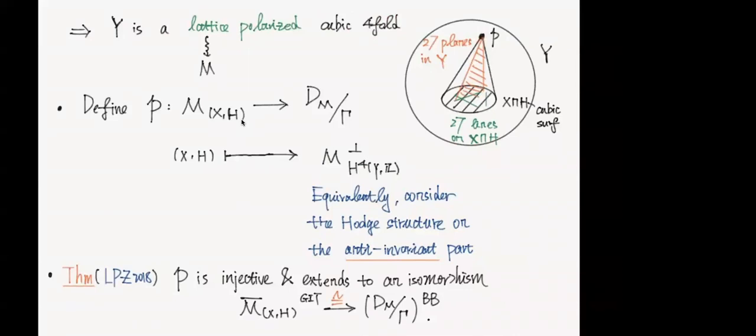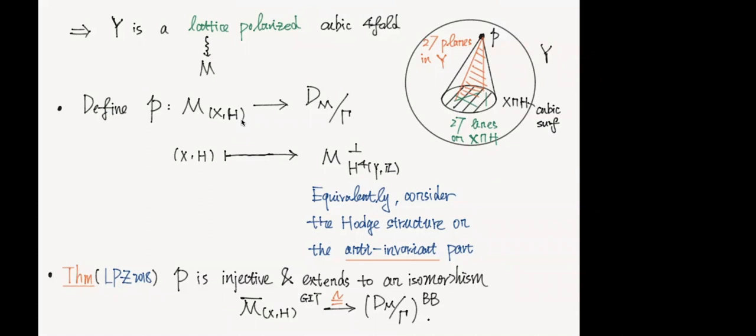It has this Ichi-card point. It contains a cone over a cubic surface. Geometrically, on this cubic surface, this X intersect H, we have 27 lines in a certain configuration, and these 27 lines give us 27 planes, all passing through this Ichi-card point P in this cubic fourfold Y. And of course, these planes will also be in a certain configuration.